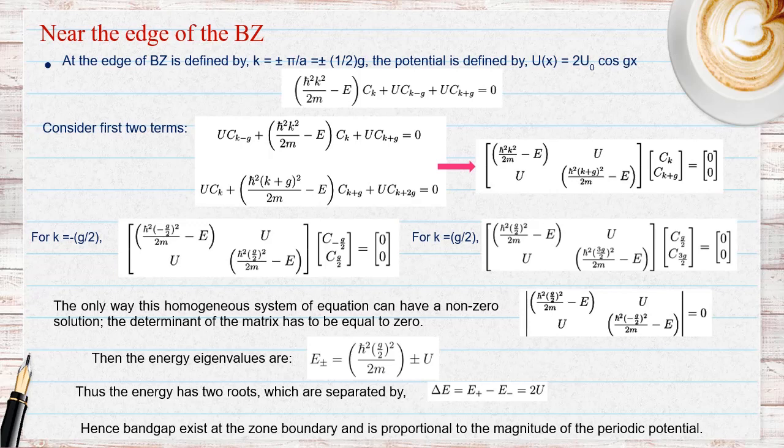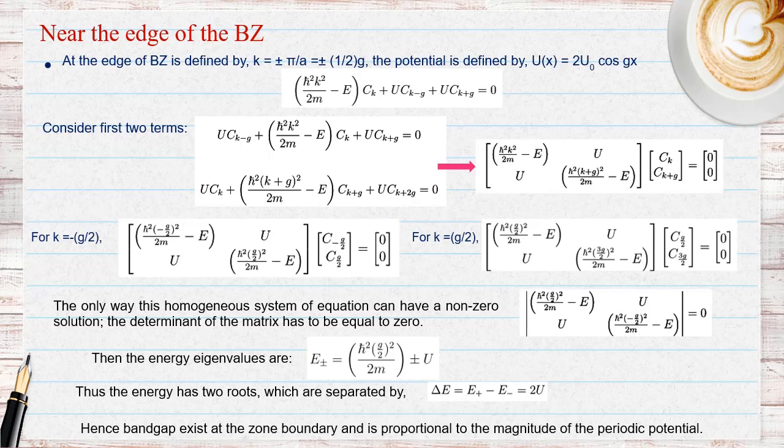And again we substitute for k is equal to plus g by 2. You will get another set of equations, which correspond to the coefficients C(g by 2) and C(3g by 2). You just work this out.